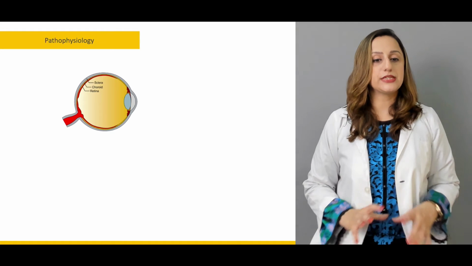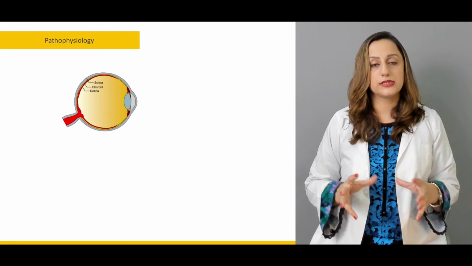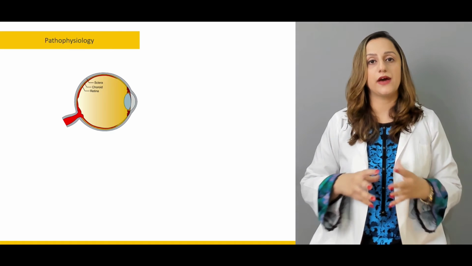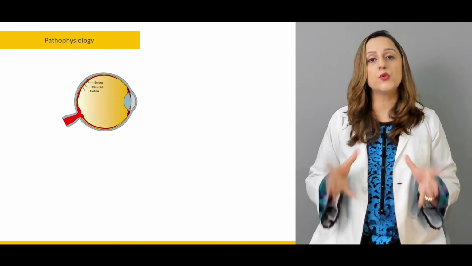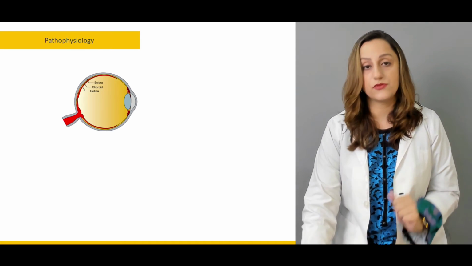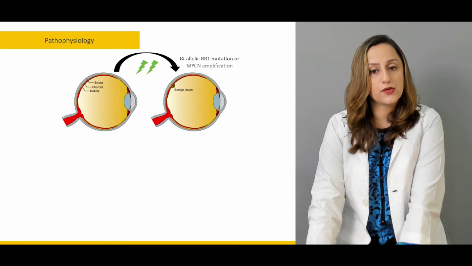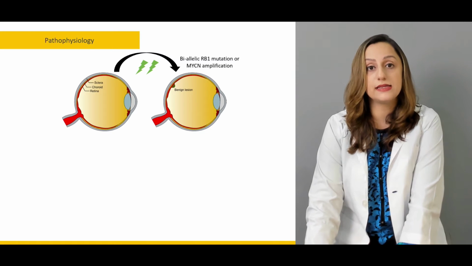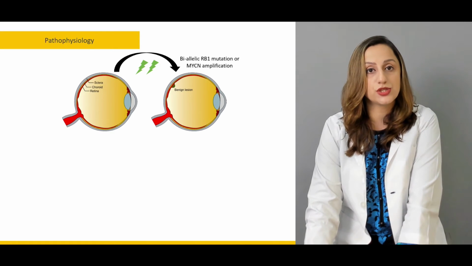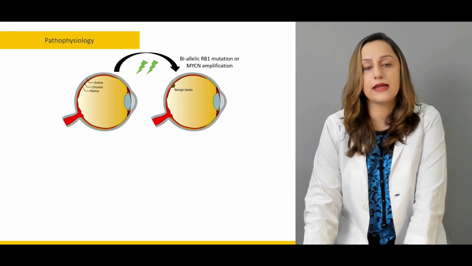So these were the protective layers that we were talking about. There is the sclera, then we have the choroid, and then the innermost layer, which is termed the retina. A benign lesion can arise here due to the biallelic RB1 mutation or the MYCN amplification.